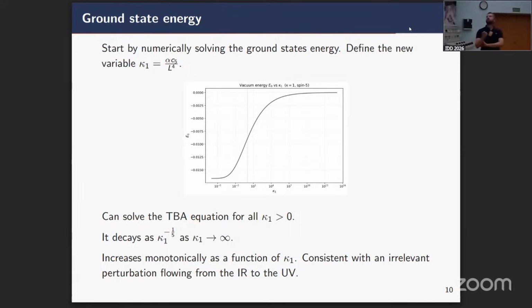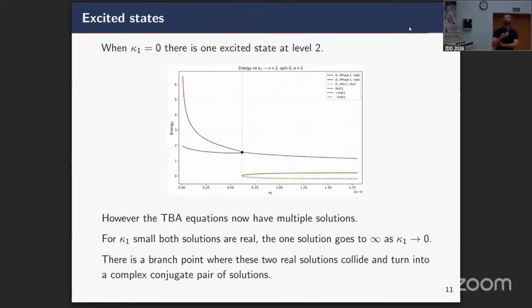So you could think that introducing these extra charges can be thought of as inducing some sort of irrelevant RG flow on your original CFT. And so we want to see if this interpretation holds true for the excited states.